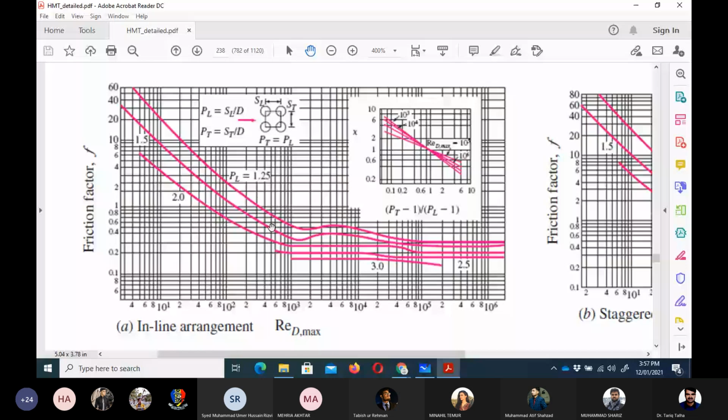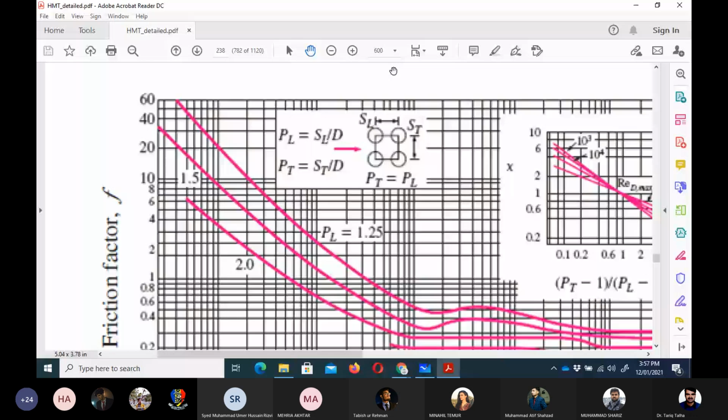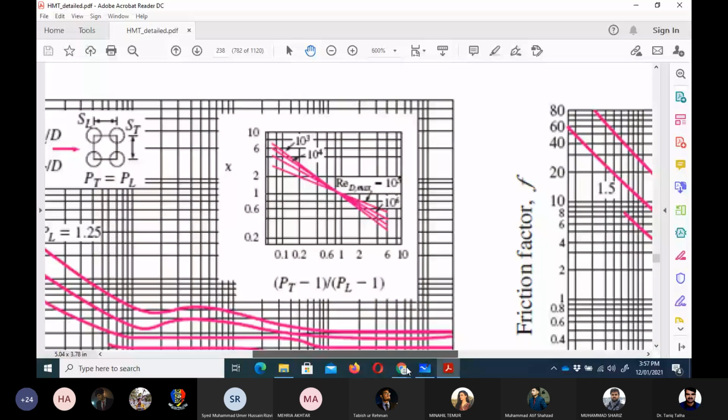Now let me zoom a little bit more, maybe 600%, to show you another graph, instead of this big graph. Now you can see this graph.